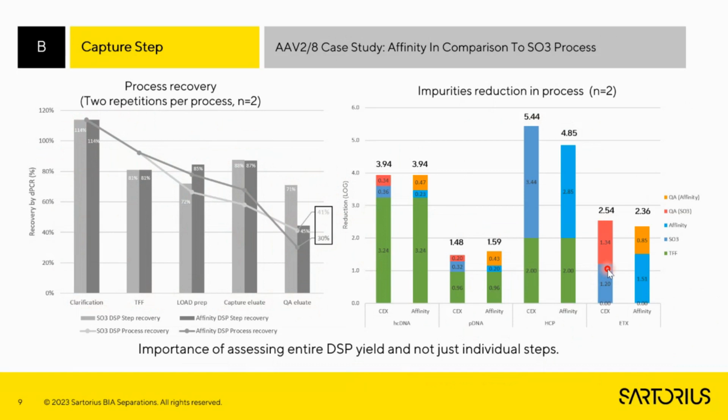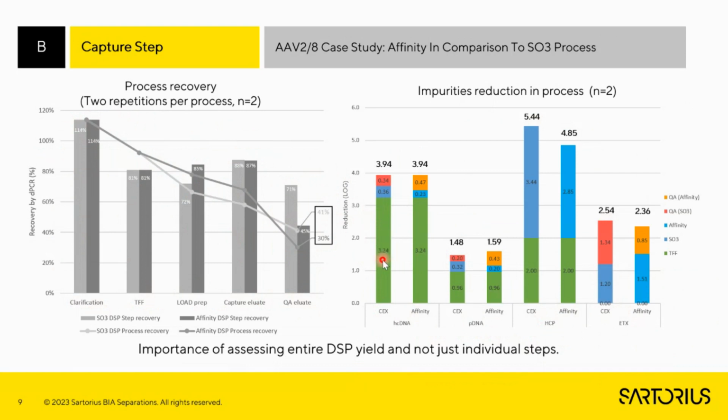Aside from the recovery, as said, the purity of the product is important. We really strive to get the most pure product. Again, we were comparing the SO3 versus the affinity for residual host cell DNA, residual plasmid DNA, residual host cell proteins, as well as the removal of endotoxins.